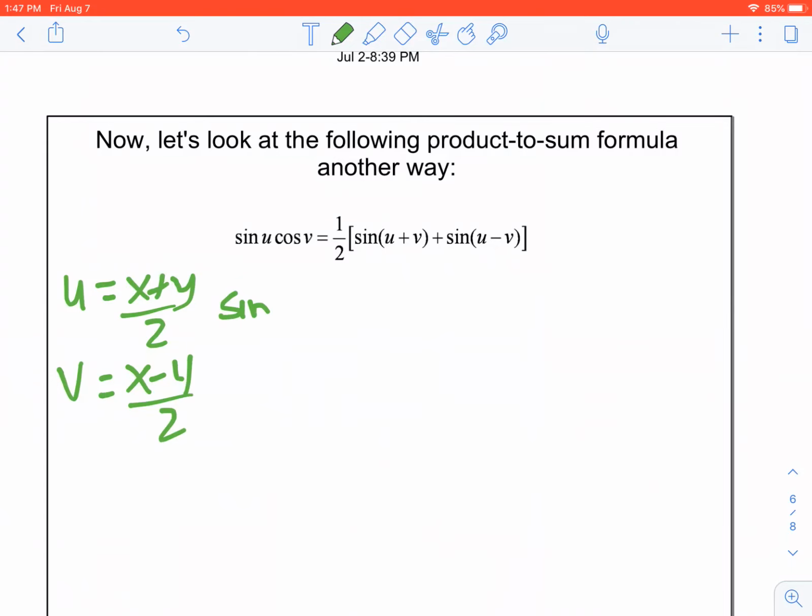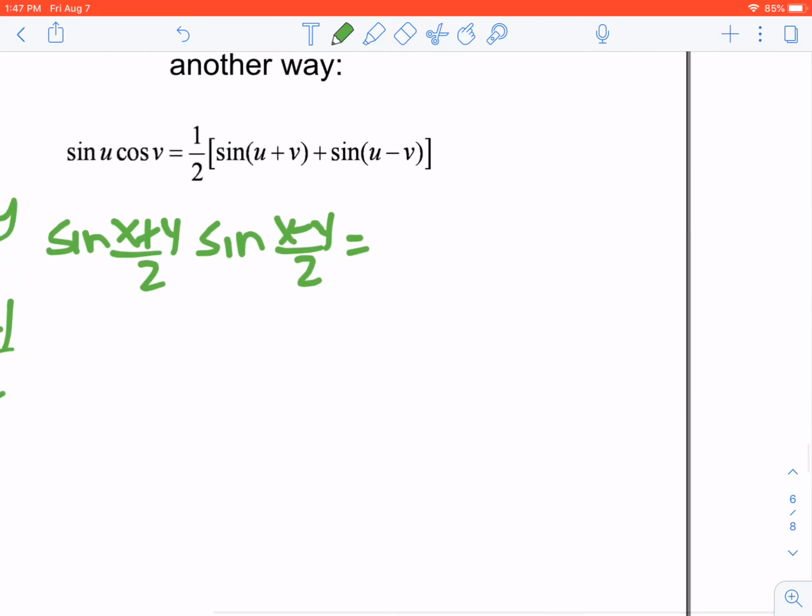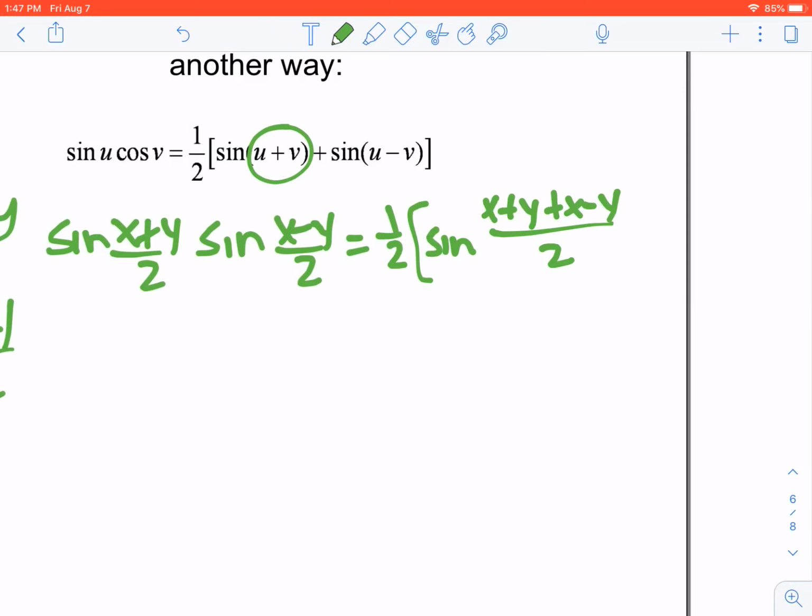So we have the sine of (x plus y)/2 times the sine of (x minus y)/2, and that's going to equal 1/2, and it's going to be the sine of x plus y, and since they have a common denominator, plus x minus y, all over 2, because this is u plus v.